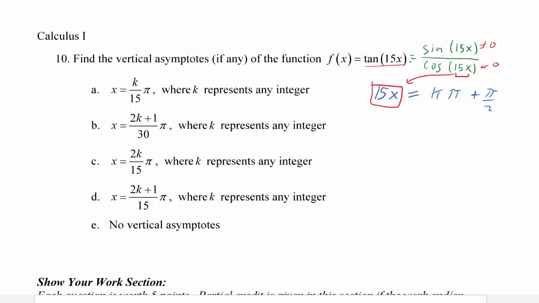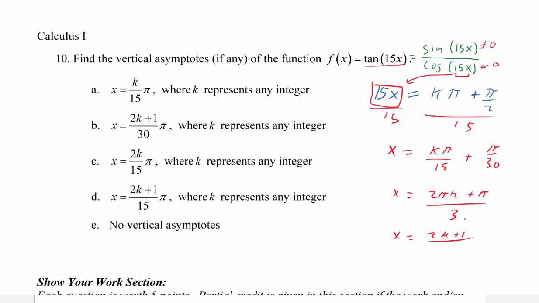We divide both sides by 15 to get x by itself, and we end up getting k pi over 15 plus pi over 30. We get a common denominator, and x equals 2 pi k plus pi over 30, and we can factor out a pi. x equals (2k plus 1) over 30 times pi. So the answer is B.